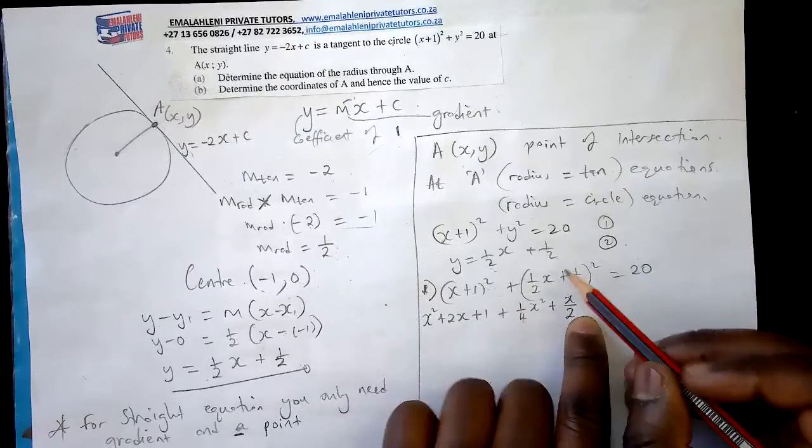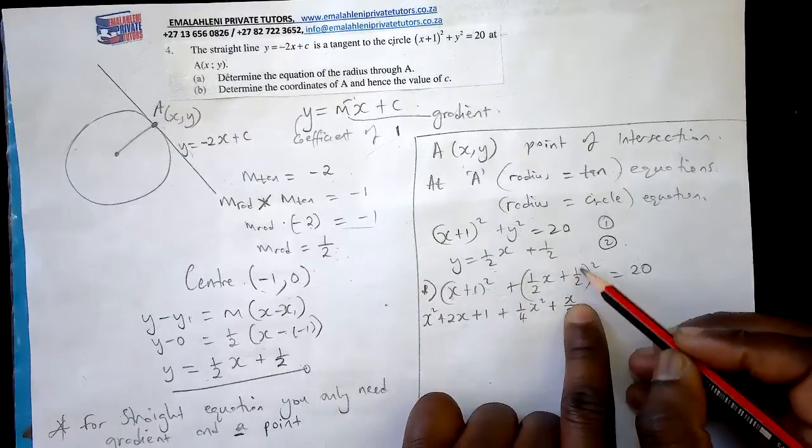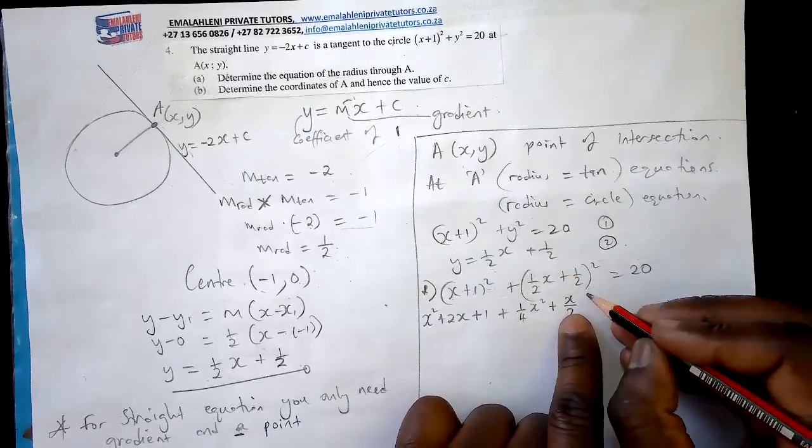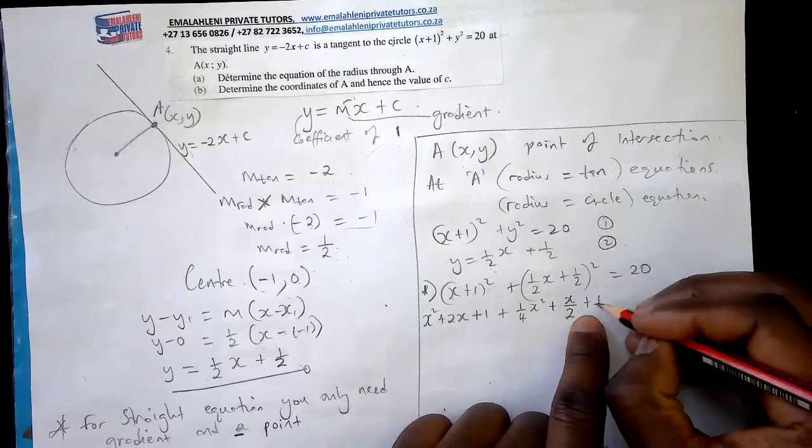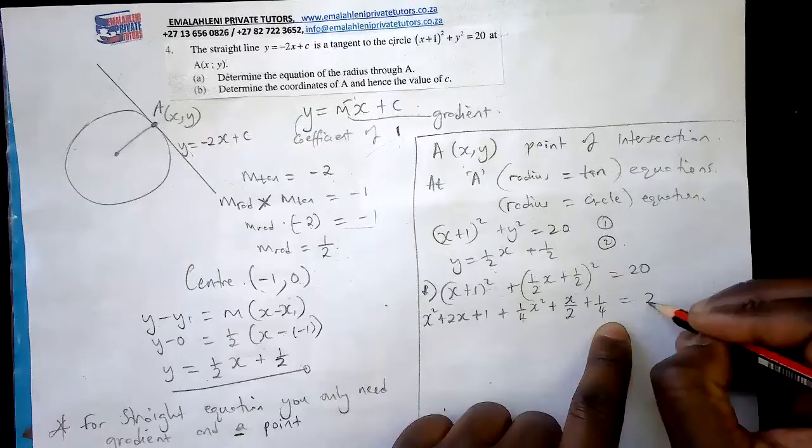Then half squared gives us 1 over 4. It's going to be plus 1 over 4 is equal to 20.